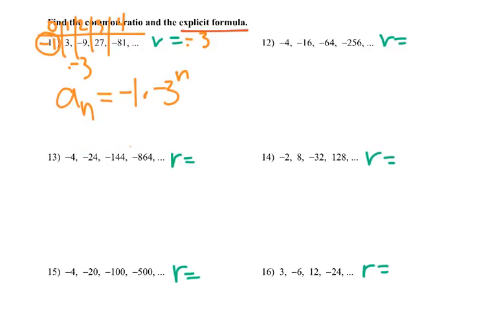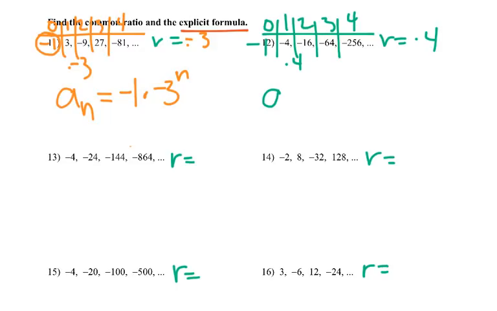Okay? So 12, same thing. Okay, go back to the 0 term. So 4 to 16 to 64, we're timesing by 4 each time. So going backwards would be a negative 1 again. So I'd go a sub n equals my starting number, negative 1 times my growth to the n.